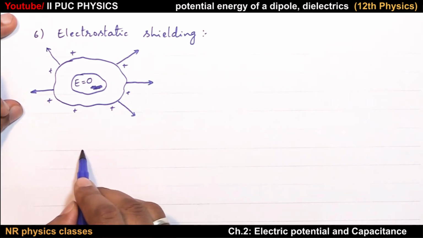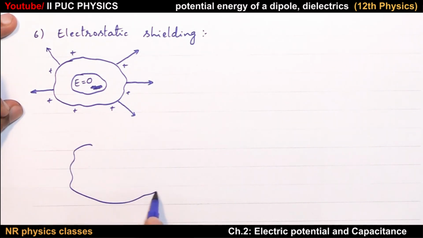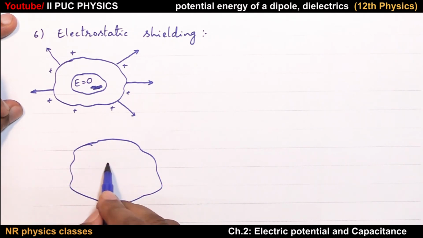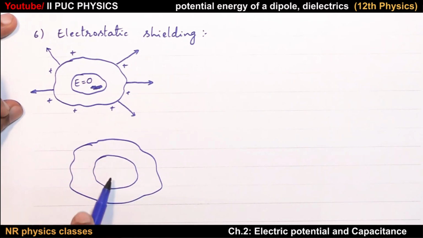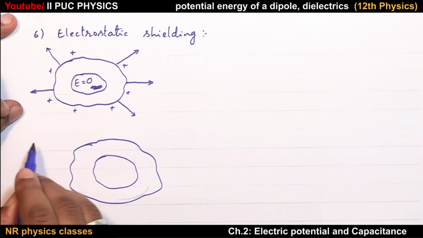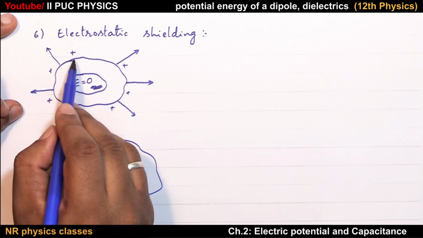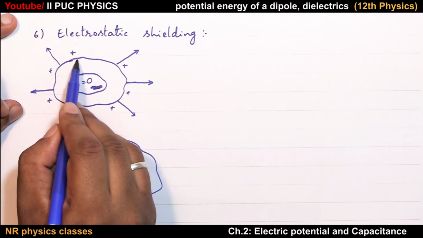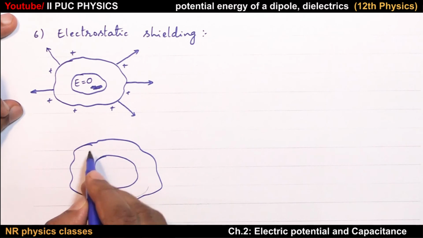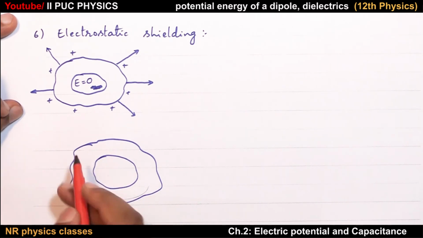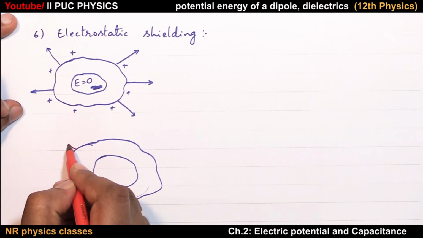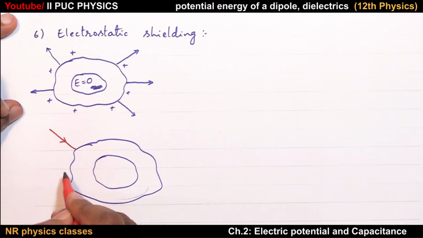Suppose the conductor is neutral. This is a conductor with a cavity. This is the hollow portion. This is the material, uncharged. Here the conductor was charged. Here the conductor is neutral, but an electric field is applied. When an electric field is applied, it is always normal to the surface, like this.